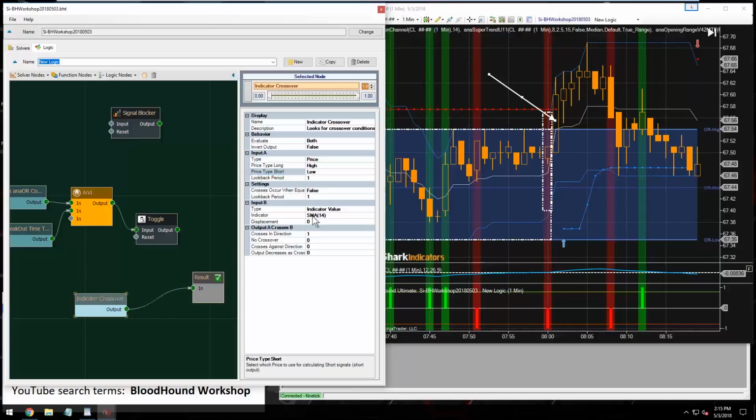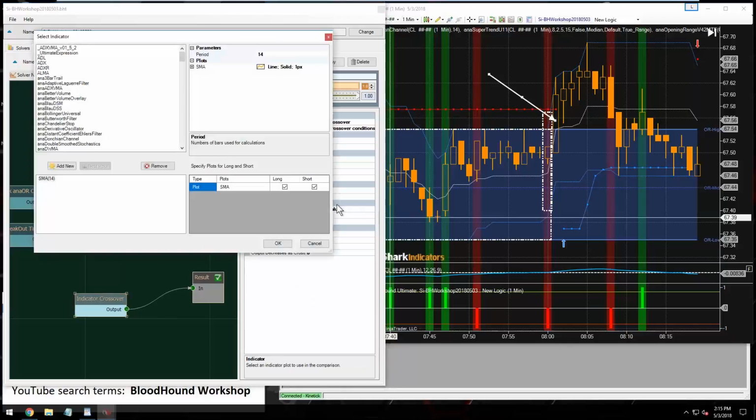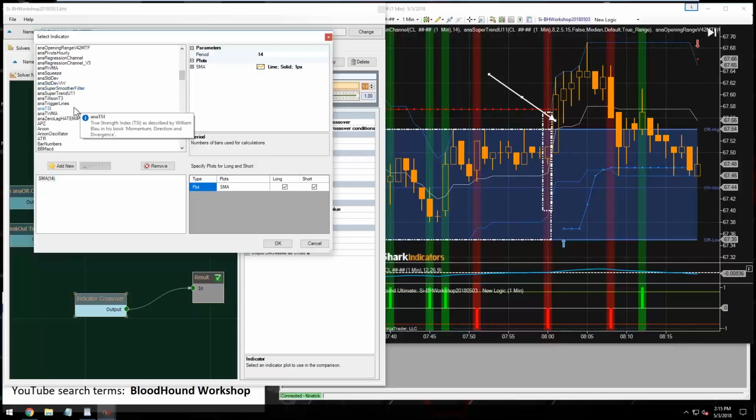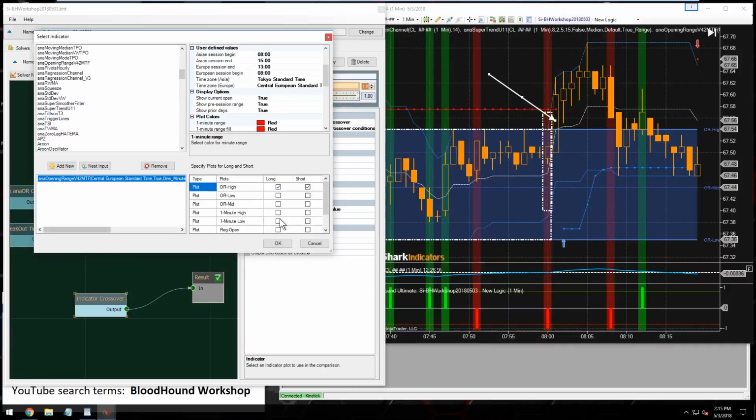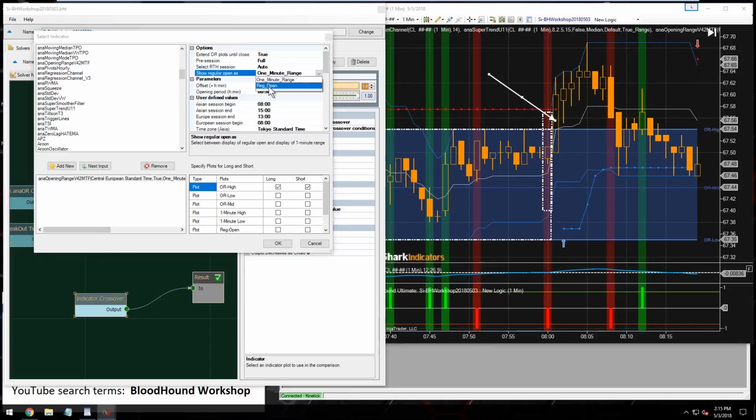And we're looking to cross above the open range indicator. There's our open range indicator. All right, let's get these settings changed, and let's select the correct plot. There we go.